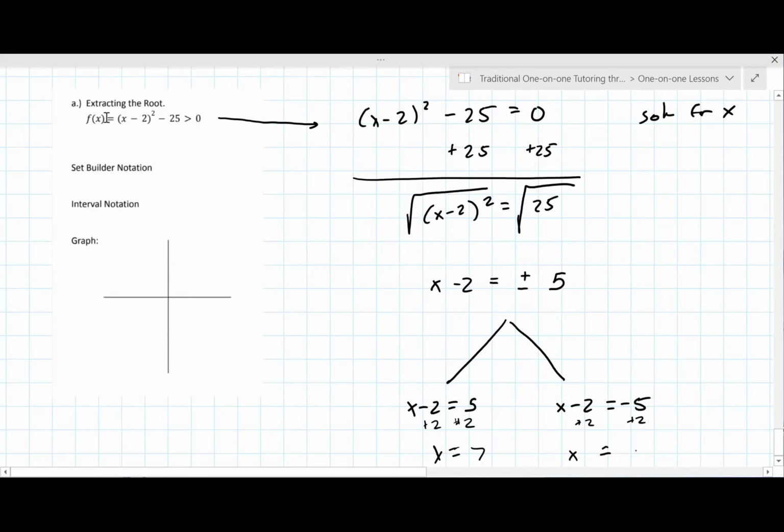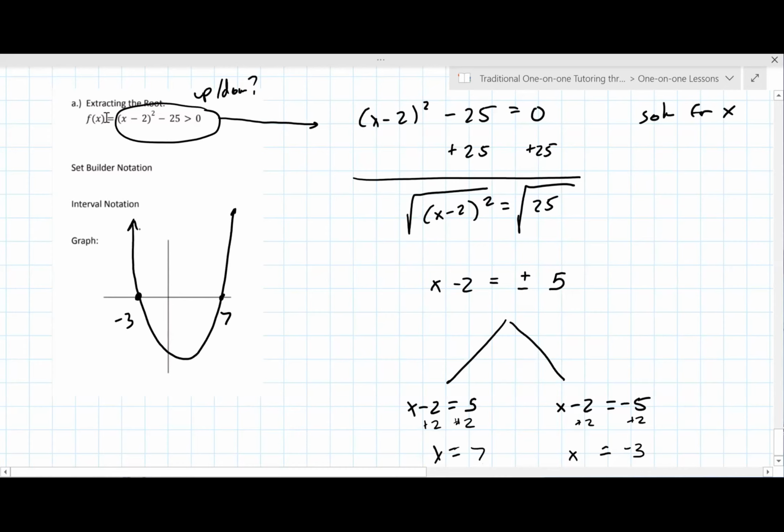It is not 3. Negative 3. Yep. Okay. So if we were to graph those, there's negative 3, there's positive 7. Does this thing open up or down? It actually opens up.